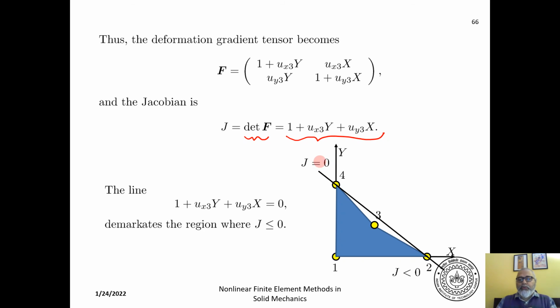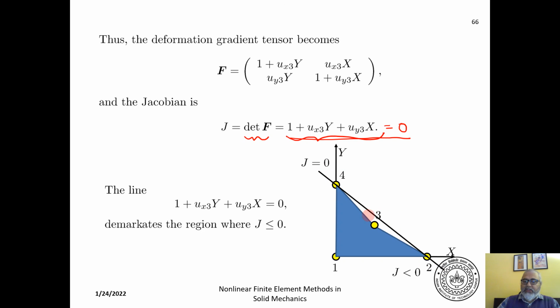So there would be values of ux3 and uy3 that will make this Jacobian negative. Think about this: I want this to be 0. This represents a straight line in this xy plane, and this is that straight line.